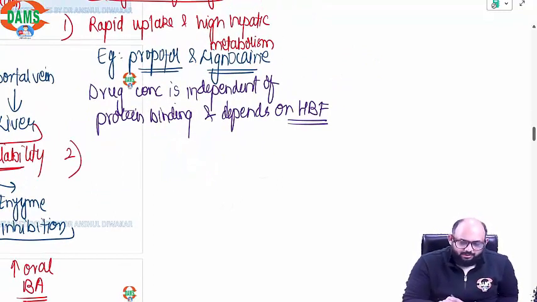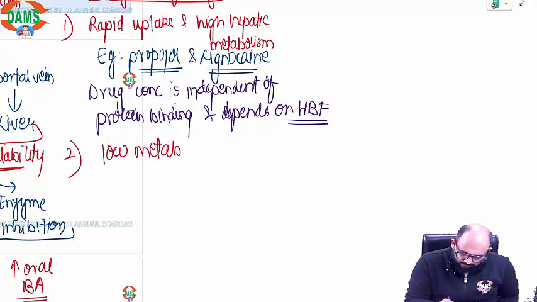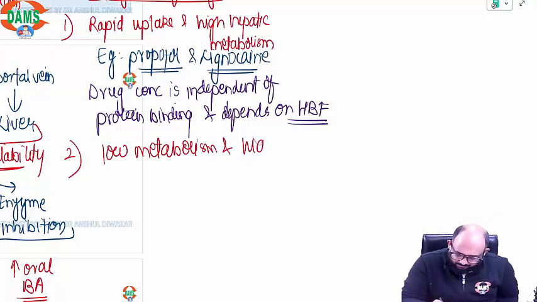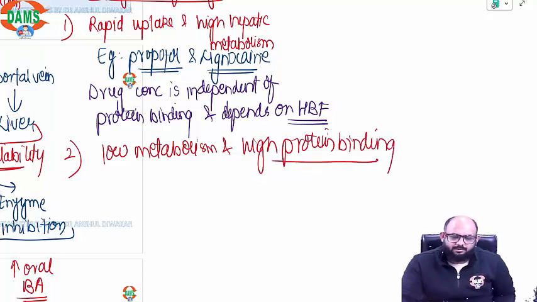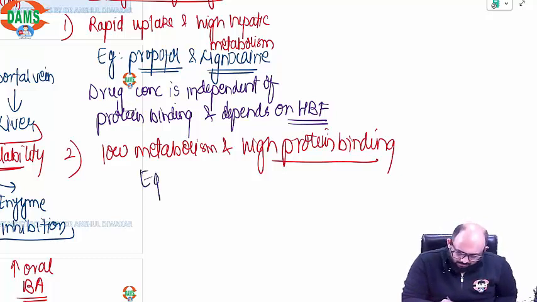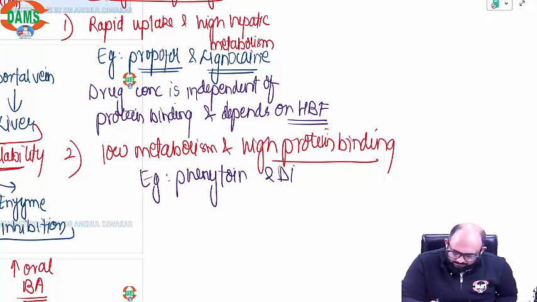Second type of drug is low metabolism and high protein binding. Example, phenytoin, diazepam.